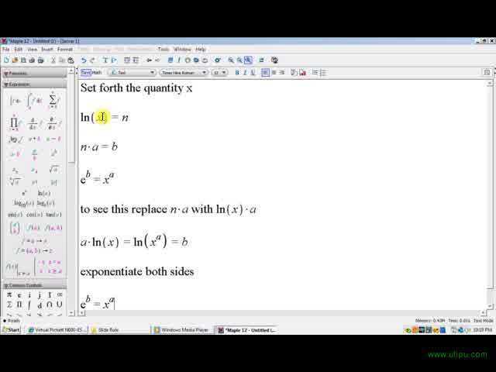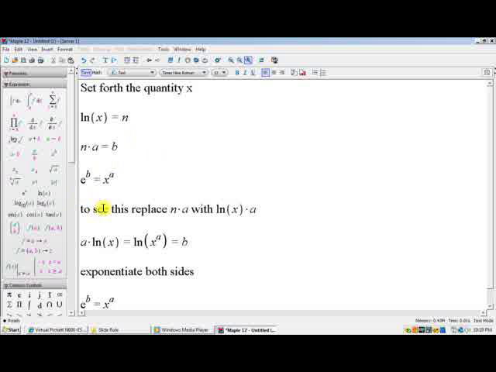Well, if I take the natural log of x first, that would be equal to n, and then multiply this number n by a, and set that equal to b, and go ahead and exponentiate both sides, I get on this side e to the b, and that's actually equal to x to the a.